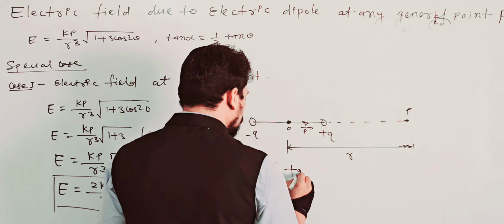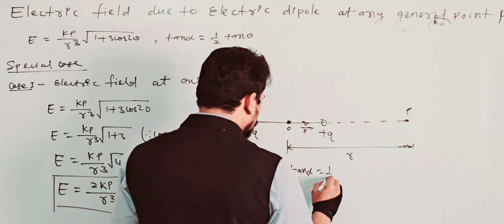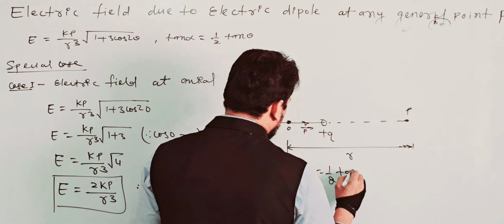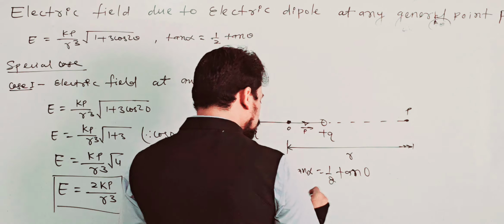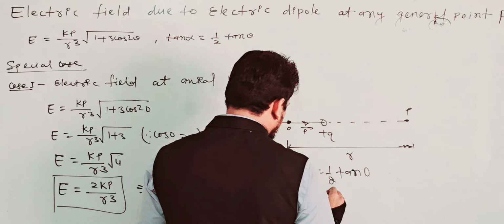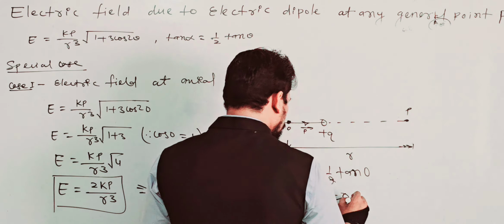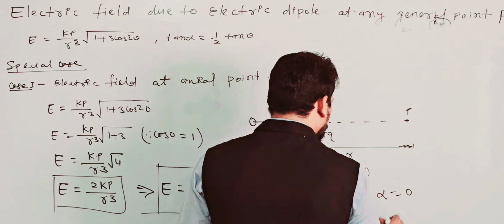What is the direction? You can write tan alpha equals 1 by 2 tan theta, tan 0. So this is 0 now, tan alpha equals 0. So alpha equals also 0.